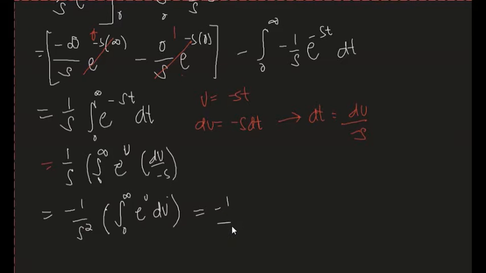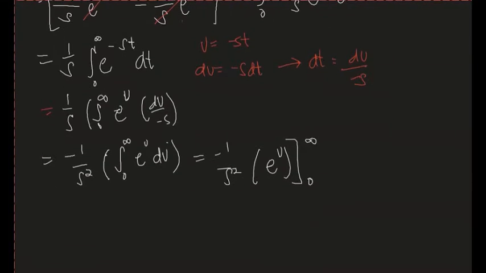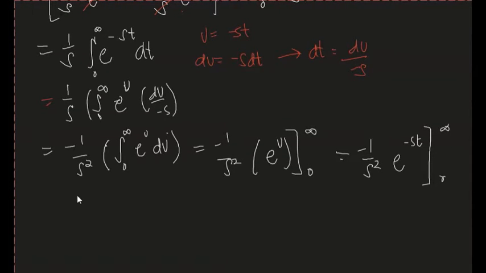So this is negative 1 over s squared multiplied by the integral of e raised to u, which is just e raised to u, then evaluated from 0 to positive infinity. So, back substitute, it becomes negative 1 over s squared e raised to negative st evaluated from 0 to infinity.